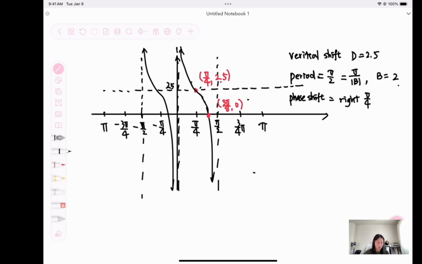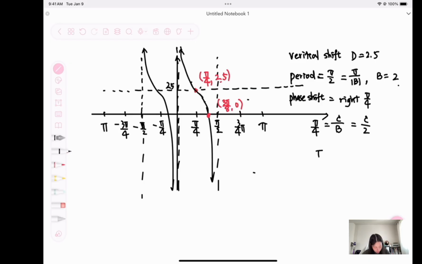Our phase shift is equal to C over B. And C over B is equal to pi over 4. And our B is equal to 2. So C is equal to what? Let me run the calculation here.